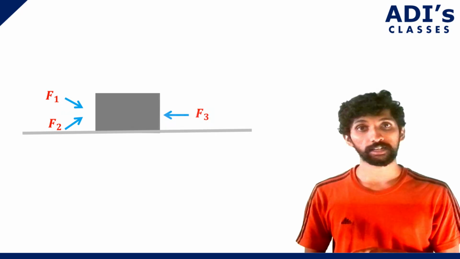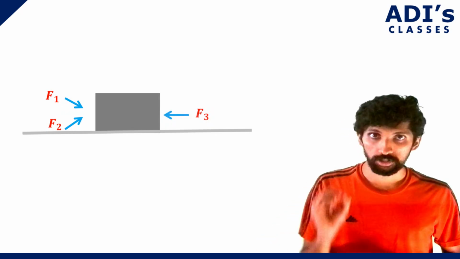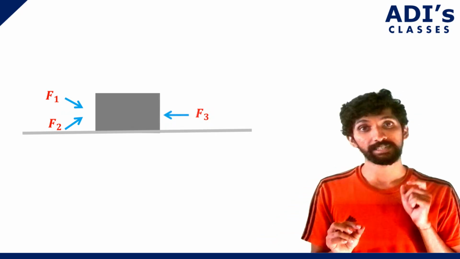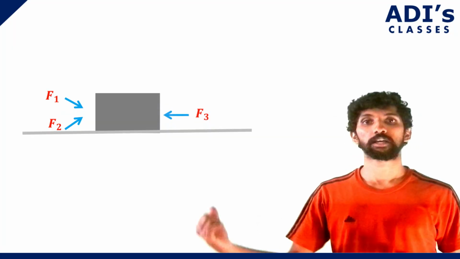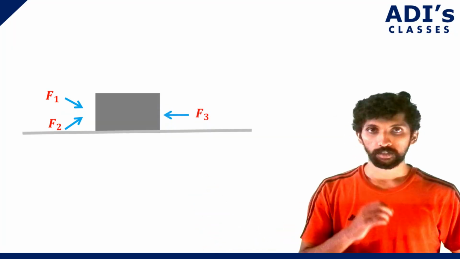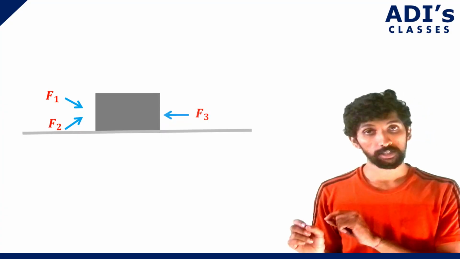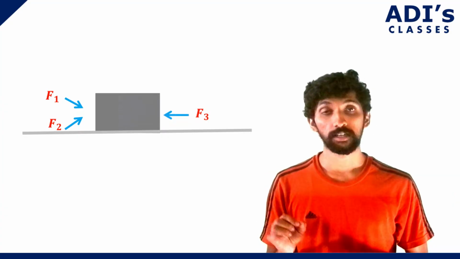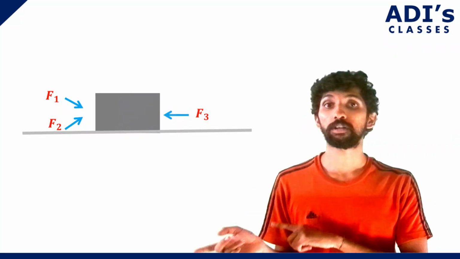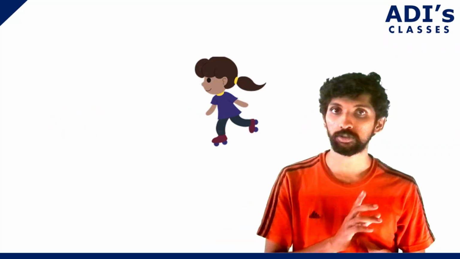So three forces are acting on the body such that the body is at rest. One force F1, this is F2, this is F3. Three forces are acting on the body and the body is at rest such that no translational or rotational motion is occurring.